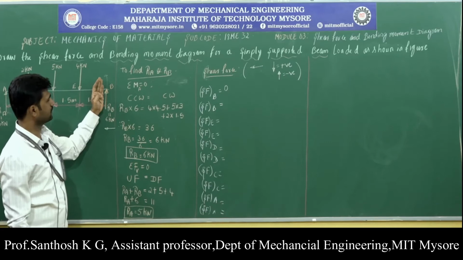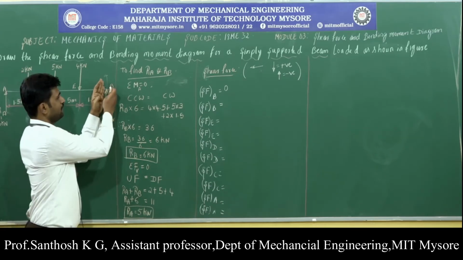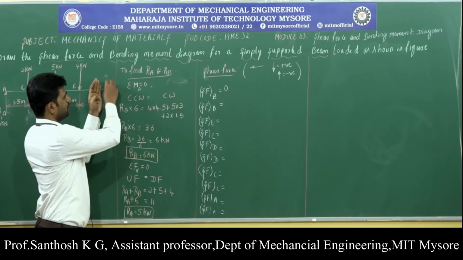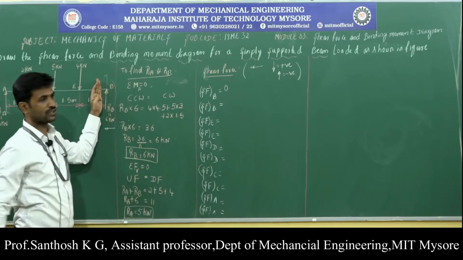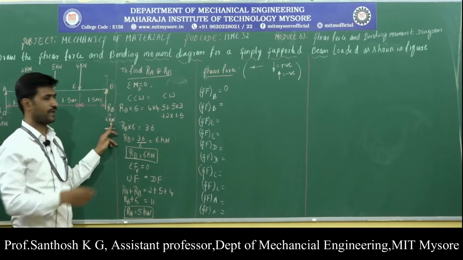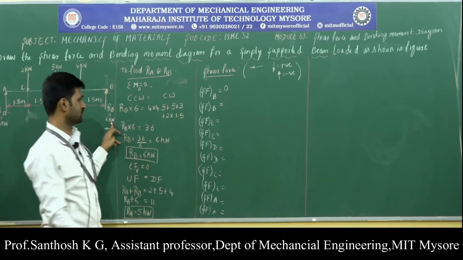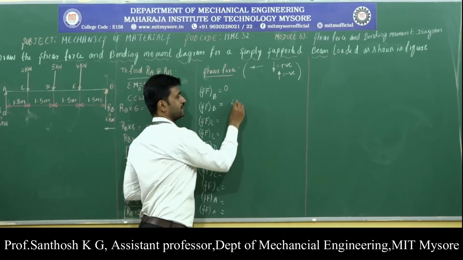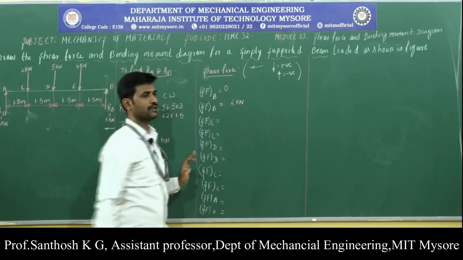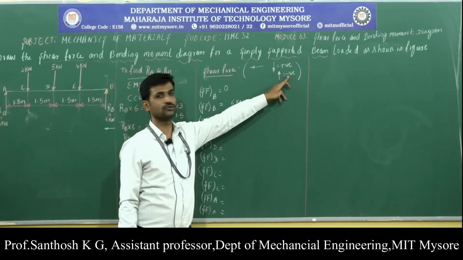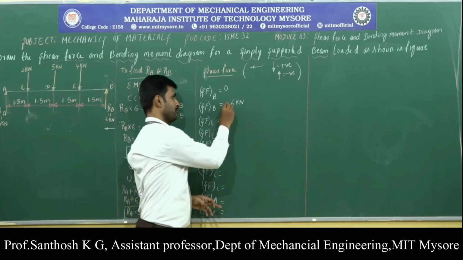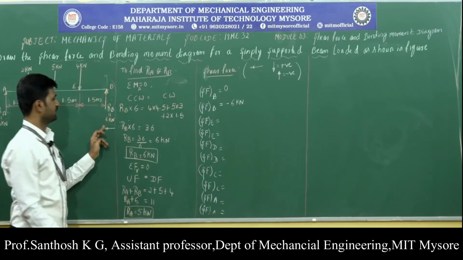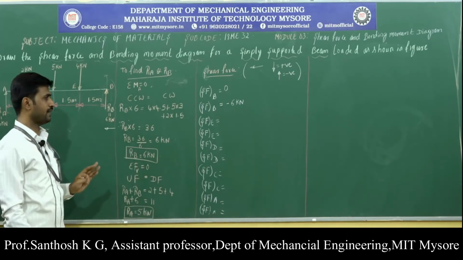Now, if you consider the shear force acting at B, so when you are moving from this side, we get only this force that is acting at B, and it will be acting in upward direction. So, the magnitude of the force we get is 6 kilonewton, and the sign we should use for it is negative, because this force is acting in upward direction.